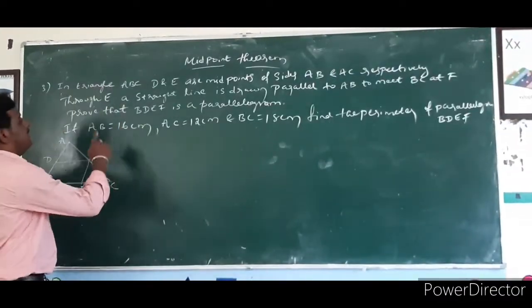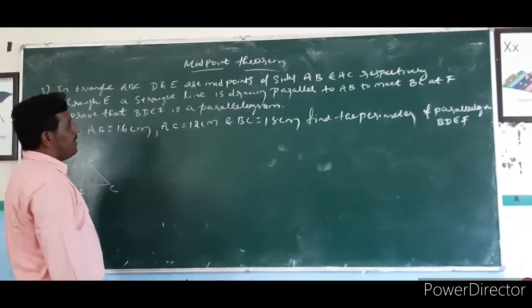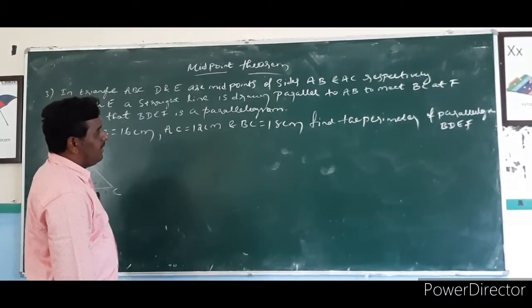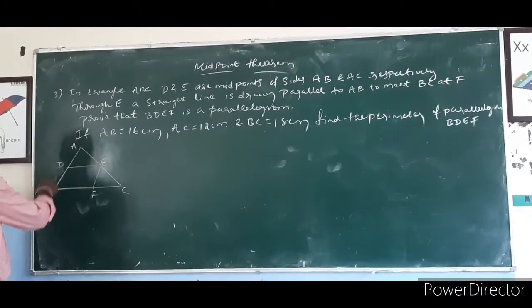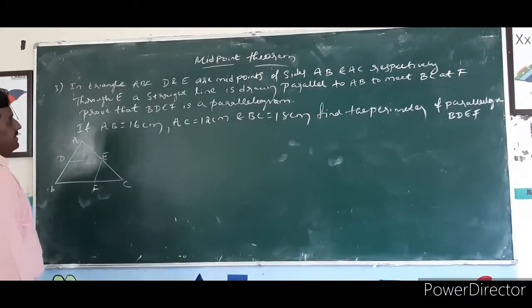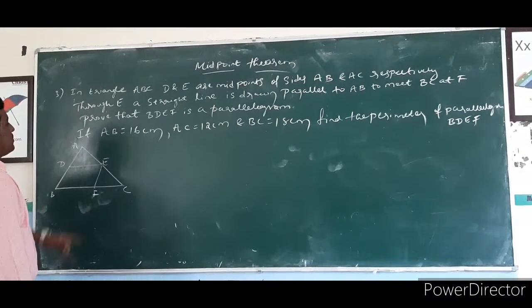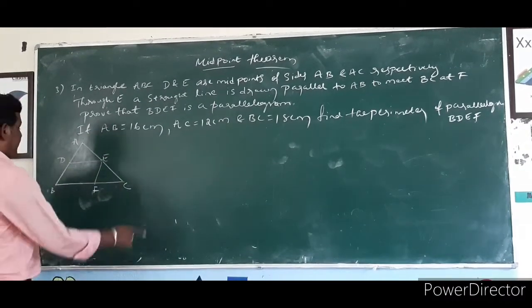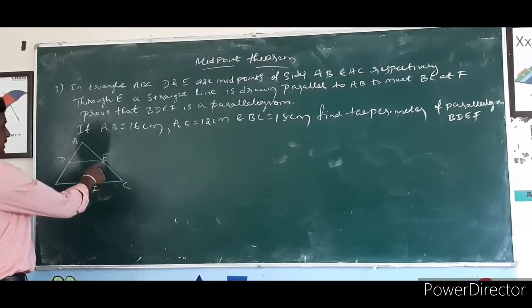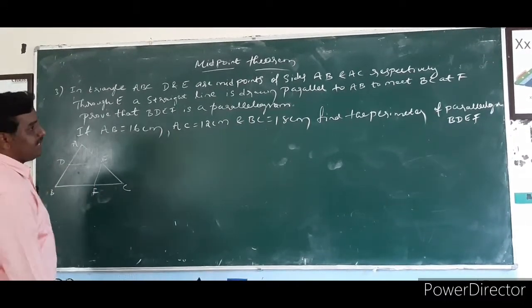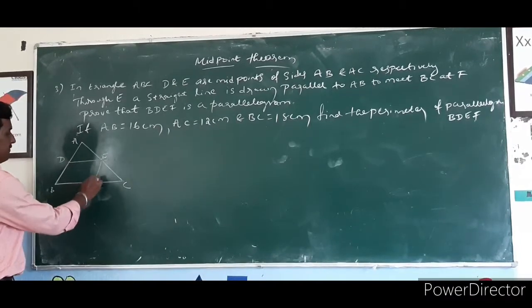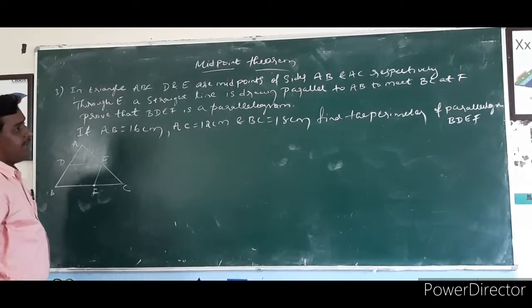Next problem. In triangle ABC, D and E are the midpoints of the sides AB and AC respectively. Through E, a straight line is drawn parallel to AB, meeting BC at F. EF is parallel to AB.